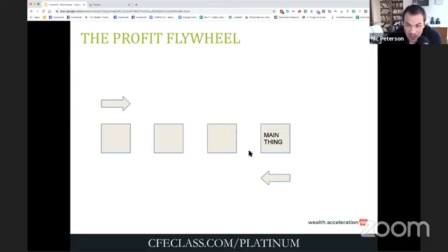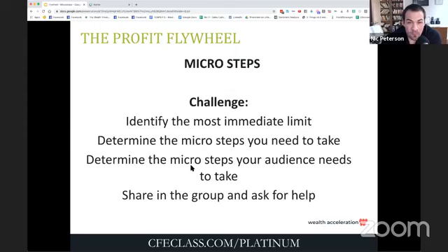If I can't get somebody to buy this off a Google Doc, then there is no sense in me removing any of the kinks anywhere else in the process. It just doesn't matter. That is wasted work. So what I challenge you to do is lay it out and identify the most immediate limit, the thing that is preventing you or somebody else from taking a micro step.